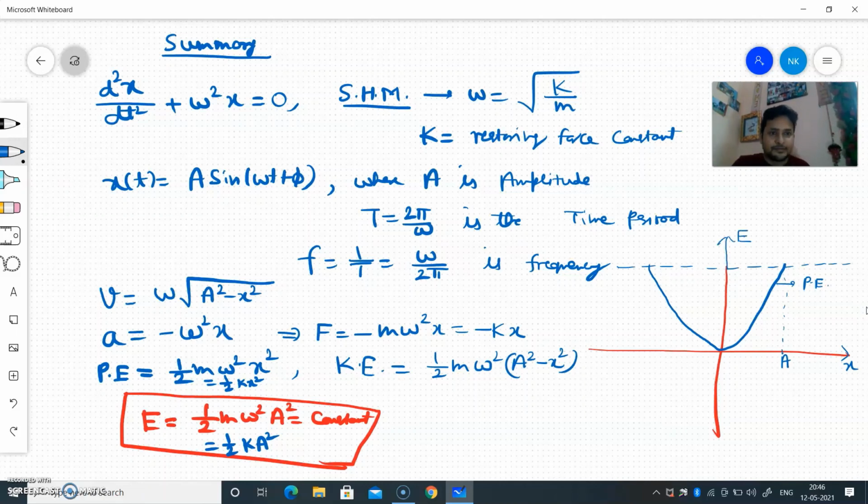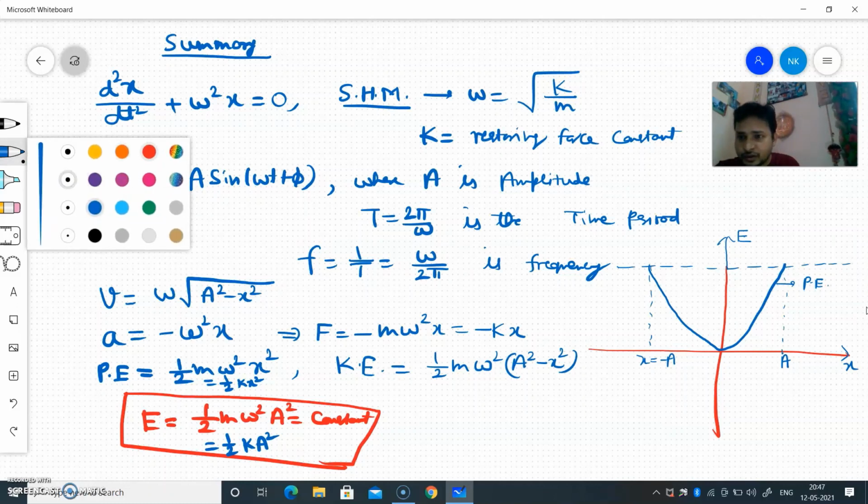So this is energy. ठीक है, ये मैं प्लॉट कर रहा हूँ. This is potential energy. Okay, and we know that this point is x is equal to minus A. The other point is x is equal to A. ठीक है. So this is a parabolic curve, and that is denoting the potential energy curve.